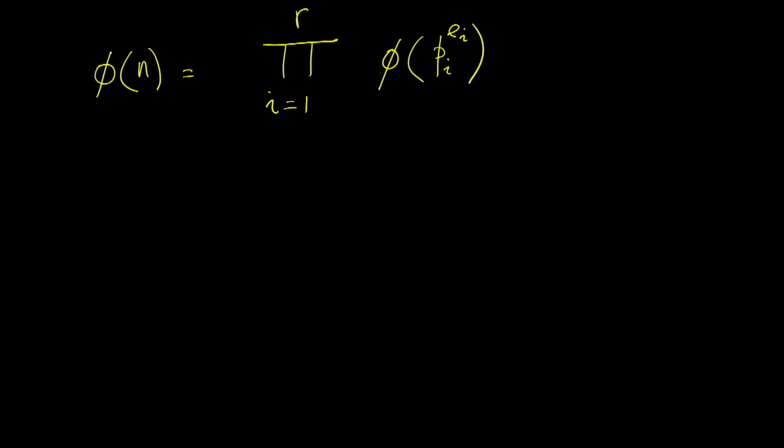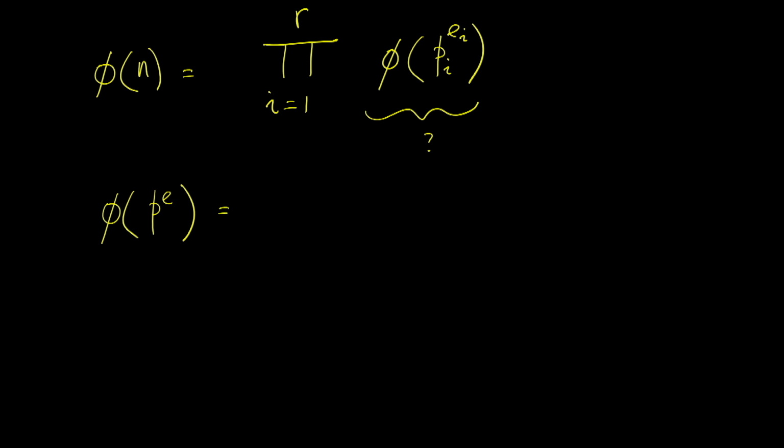So, by the previous theorem, we can express phi of n as the product over i varying from 1 to r of phi of pi power ei. But what is this quantity? Let us compute this first: phi of p power e.